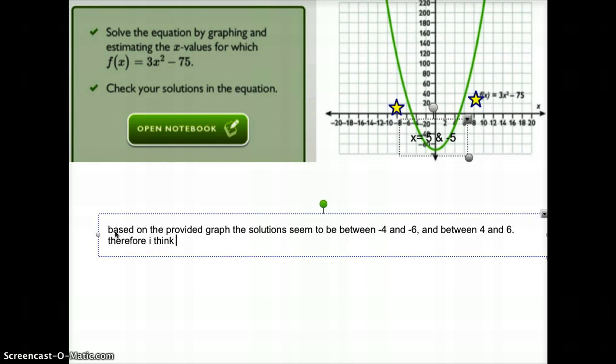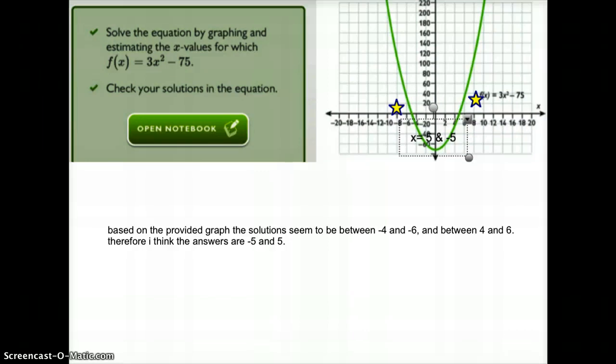Therefore, I think the answers are -5 and 5. Now remember, we call these x-intercepts or roots. Okay, so we can call them x's. x equals -5 and x equals 5. Okay, so those are the ones that we're going to estimate.